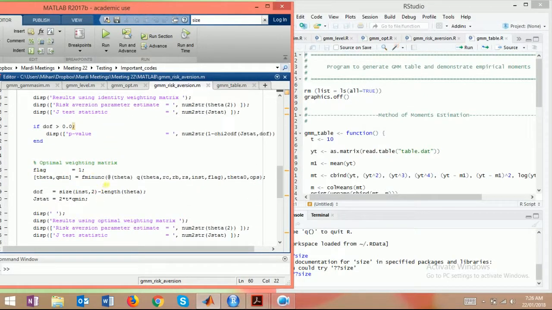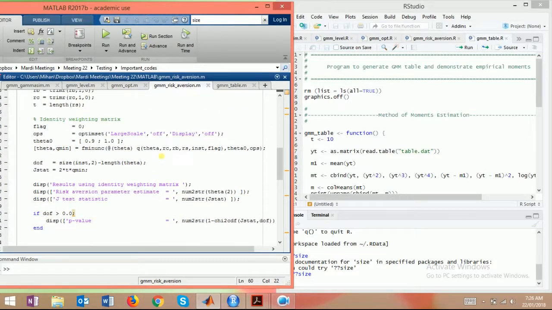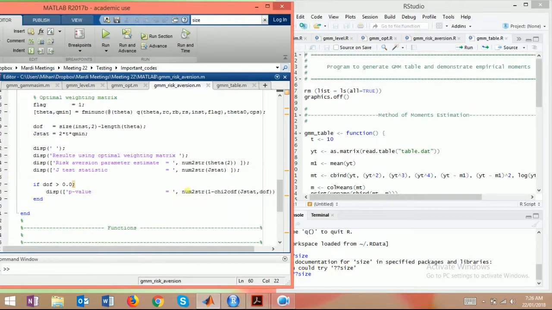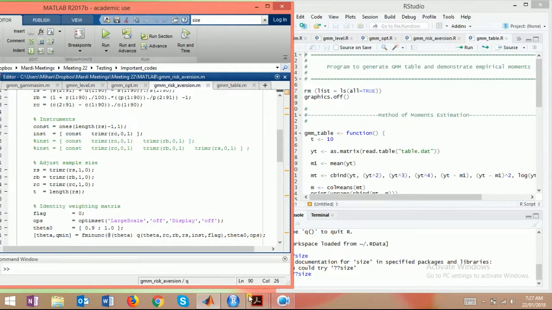If there is a flag, you run the optimal weighting matrix. Theta q min, flag 1 and flag 0. Results using identity weighting matrix, results using optimal weighting matrix. So just two different optimizations will come in, that's all. If flag, we do identity weighting matrix, so all ones.